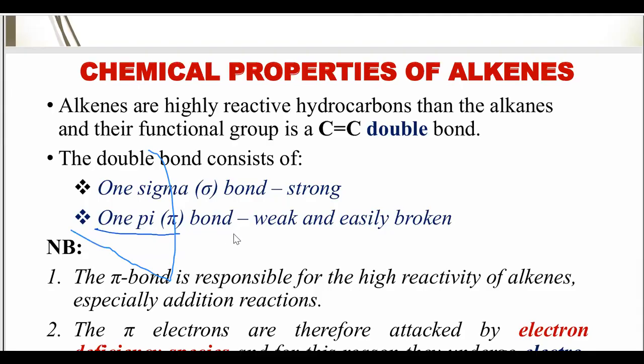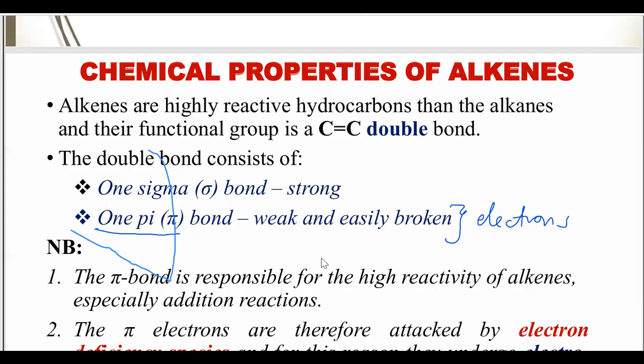So during the reaction, it is very easy to break up the pi bond found in the alkenes, hence making them so reactive, because that pi bond has what you call the pi electrons. So these pi electrons can easily attack the electron deficient species, making the reaction easier than the one in the alkanes.